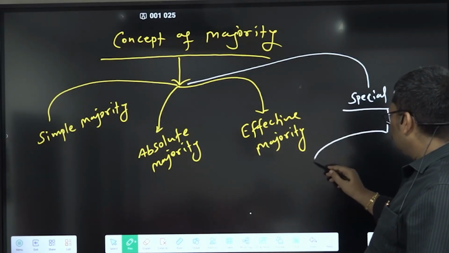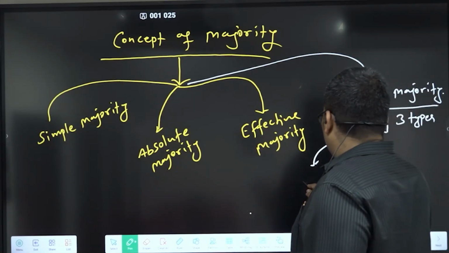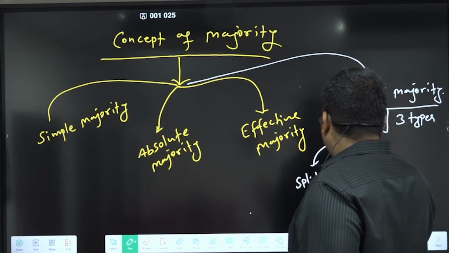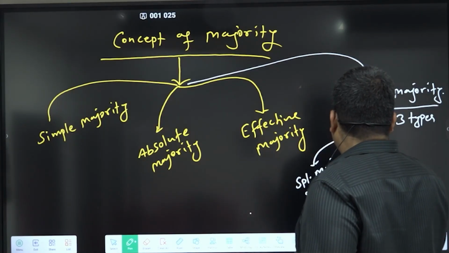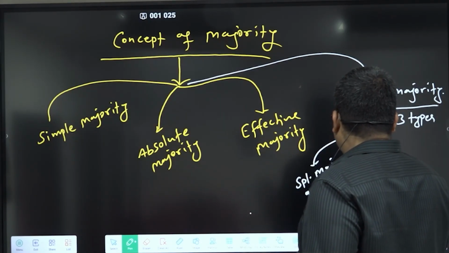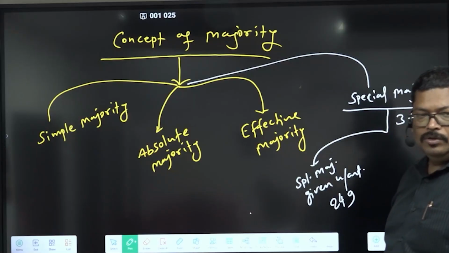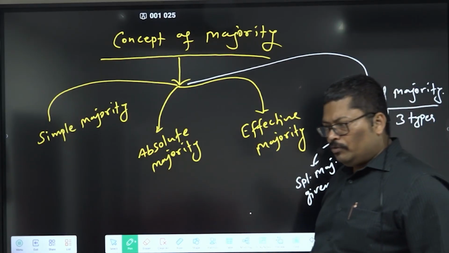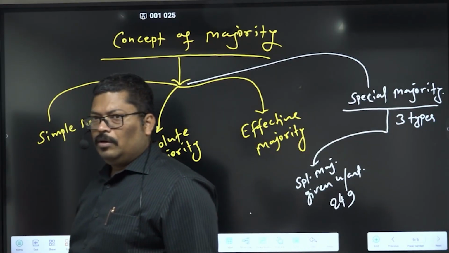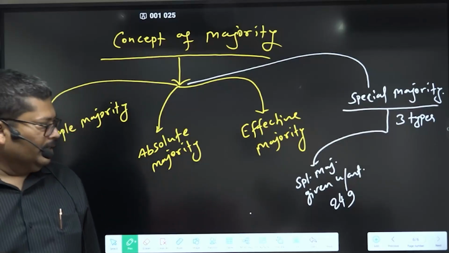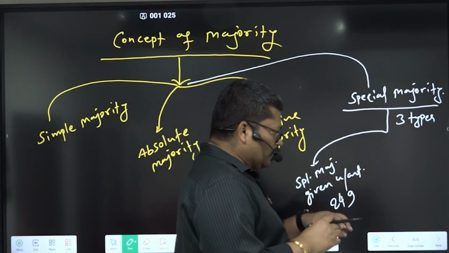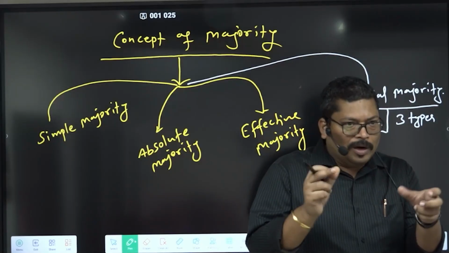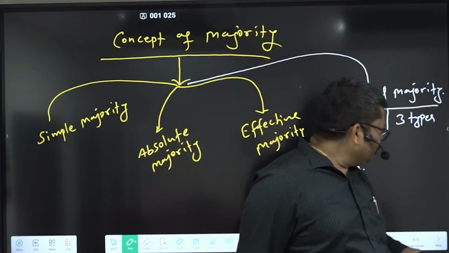One is special majority given under Article 249. So Article 249 tells you what should be the nature of special majority given under it. And how this majority needs to be employed while discharging the legislative business.